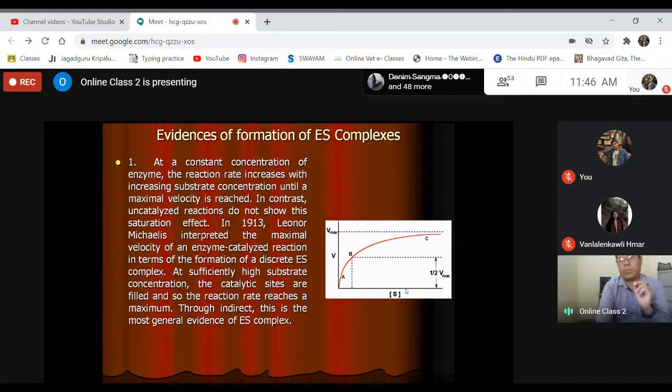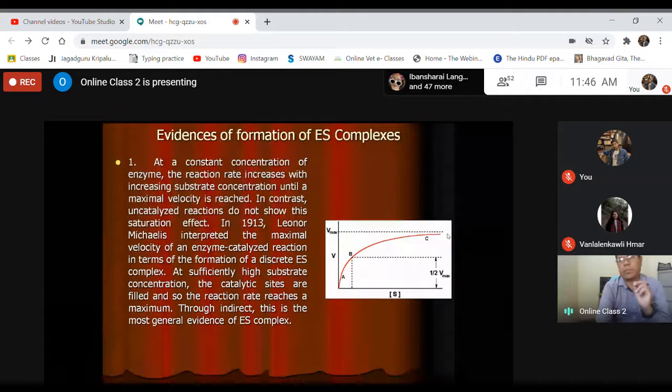Initially, when the substrate concentration is zero, the velocity of the reaction, that is the rate at which the substrate is converted to product, is also zero. But with increasing substrate concentration, the rate of the reaction increases, and it forms a hyperbolic graph.